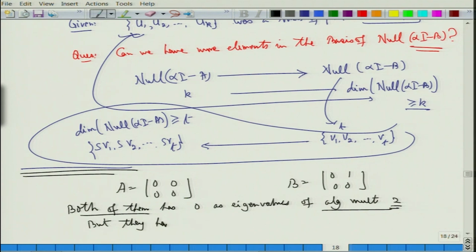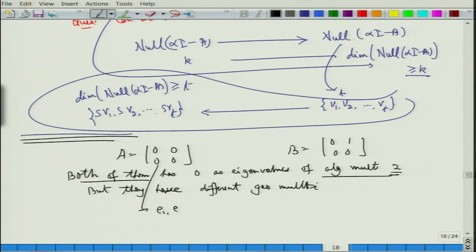But they have different geometric multiplicity. All right. So recall e1, e2 as my eigenvectors, because A of e1 is 0 times e1, A of e2 is 0 times e2.